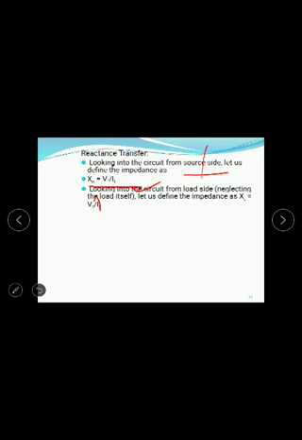Looking into the circuit from the load side, neglecting the load itself, let us define the impedance ZL. Relating V1 by I1 in terms of V2 by I2 using the turns ratio a, V1 by I1 is equal to a square V2 by I2. So Zin is equal to a square into ZL.